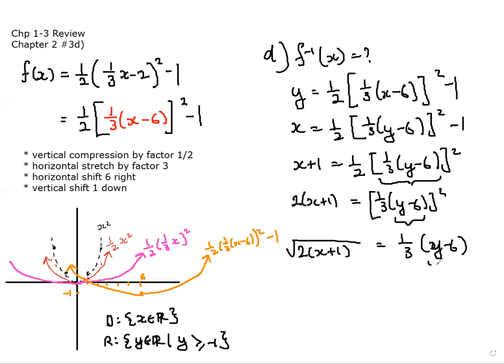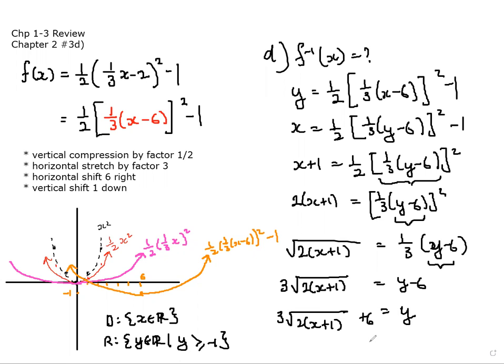Next, I want the y value all alone, so I'm going to multiply both sides by 3. And lastly, I'm going to add 6 to both sides, giving me this. My inverse function is going to be 3 square root of 2x plus 1, plus 6.